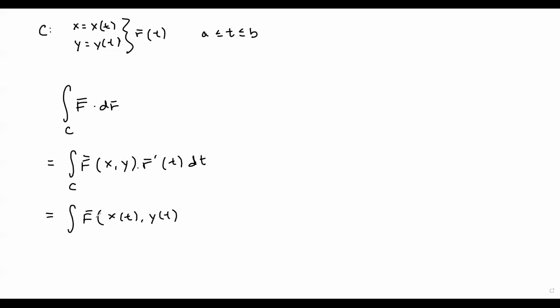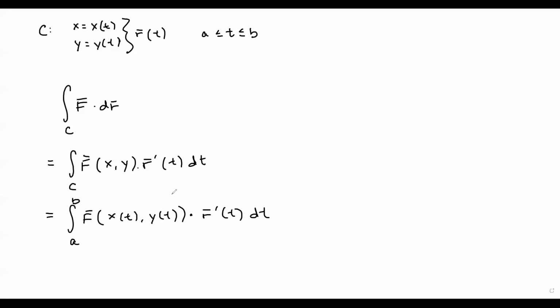So F is going to end up in terms of t. And then of course, r is in terms of t, so we'll have just t stuff here as well. And then with this dt added on at the end, there's t stuff everywhere. And so we can put in some bounds here for t that go from a to b.